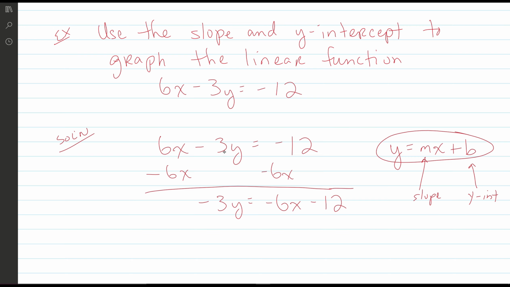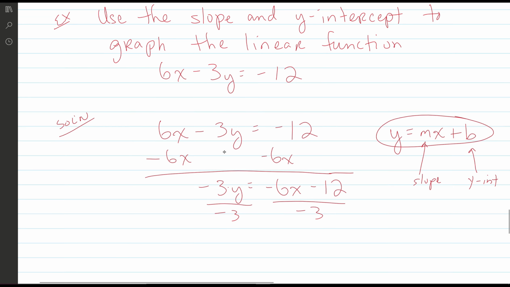Now I'm almost there. I almost have y by itself, but I have this negative 3 in front of it. So what do I do? I do the opposite of this operation, which is multiplication. The opposite would be division. So I divide everything by negative 3, or both sides by negative 3.